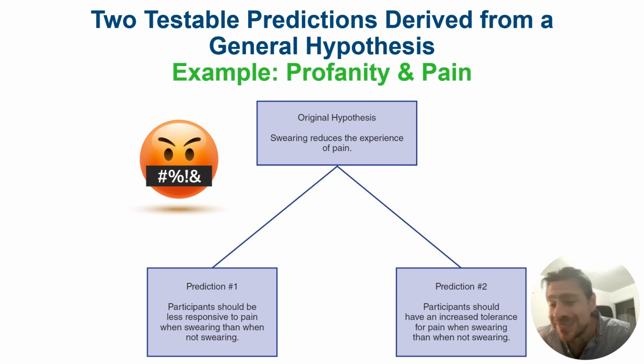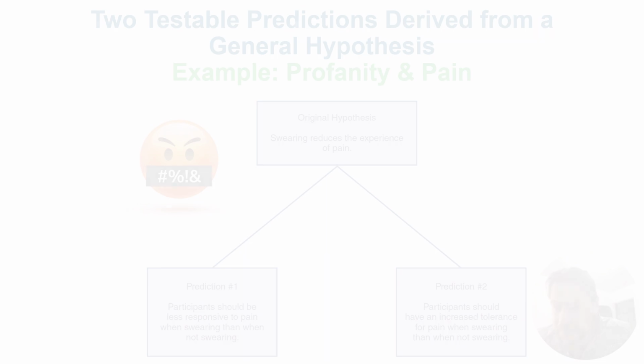Or maybe a second prediction is that people should have an increased tolerance for pain when swearing than when not swearing. So it's often the case that one hypothesis might lead to many different testable predictions. Here's an example of two that we've derived from our original hypothesis.